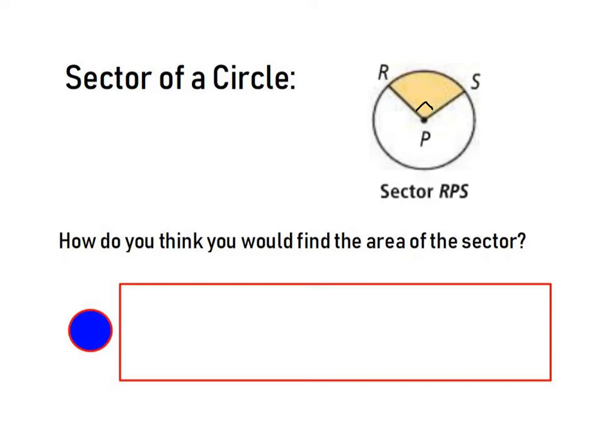It is kind of like that, though it's not always as easy as a fourth of the circle. But the concept is the same. To find the area of a sector, it's always going to equal the portion of the circle that you're using. In this case, I've got a 90-degree angle. I'm comparing that to all the way around. So it's like 90 over 360, which happens to reduce to 1/4 in this example.